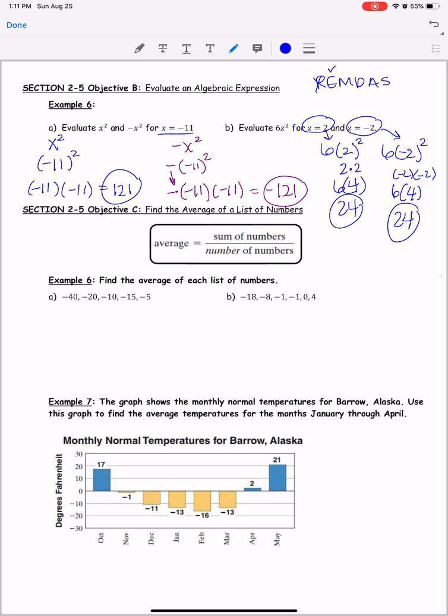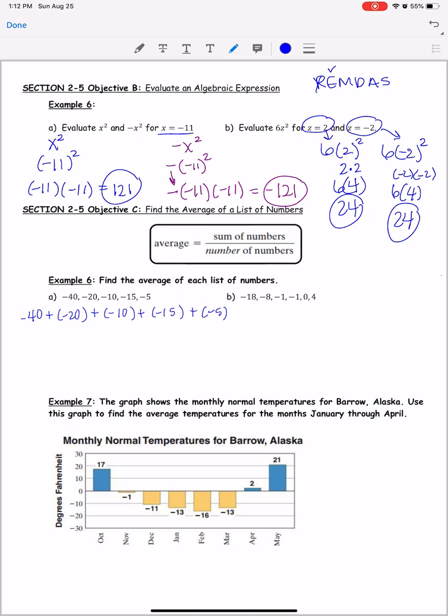So, for example, in this one, let's add all of these up together. We've got negative 40 plus negative 20 plus negative 10 plus negative 15 plus negative 5.